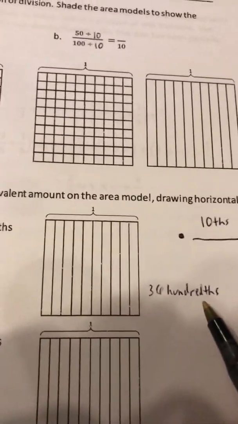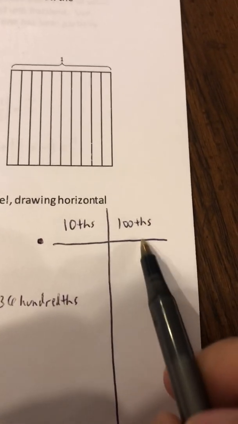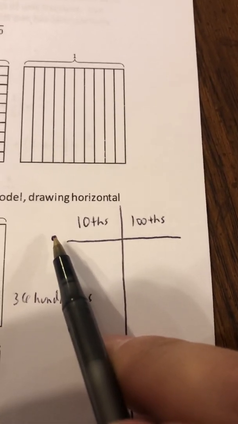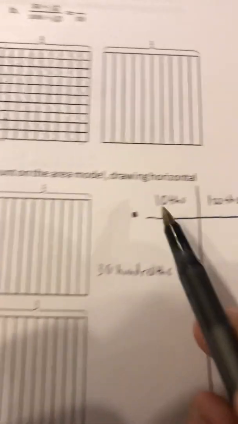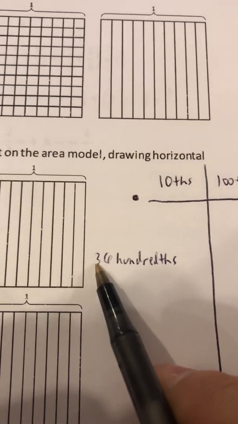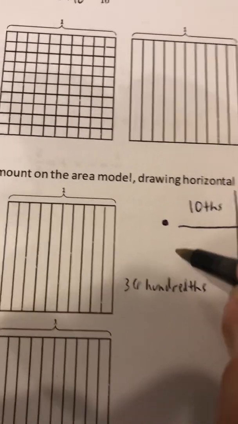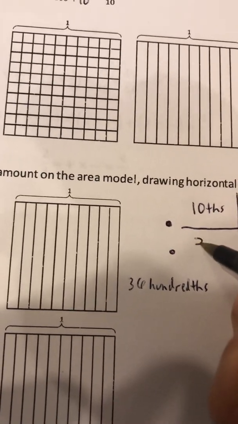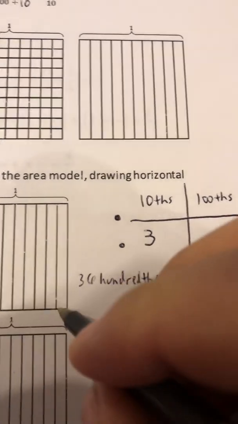Okay, now hundredths we know are very small units 2 places to the right of the decimal. Tenths are 1 place to the right of the decimal. Well, look at my number 36. The 3 is the first number to the right of the decimal, so it would be here. 3. The 6 is 2 places.